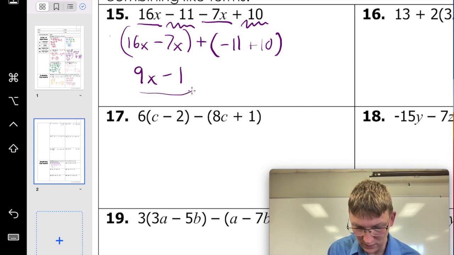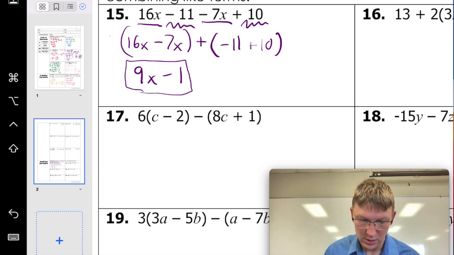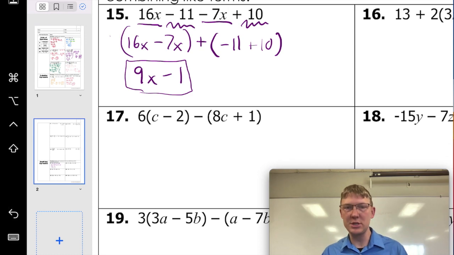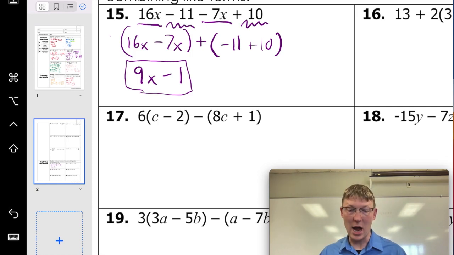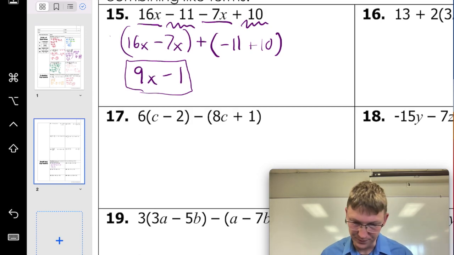So this is your answer. When you're doing this yourself, you don't necessarily need to write this step out if you don't want to. I'm a very visual person. I like to write out some of those steps, and that's fine. But I usually know what you did if you're combining like terms.